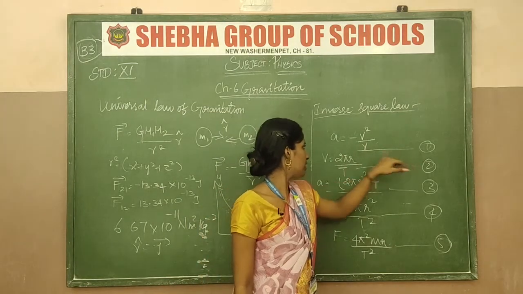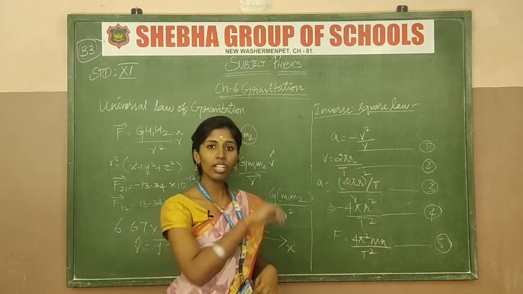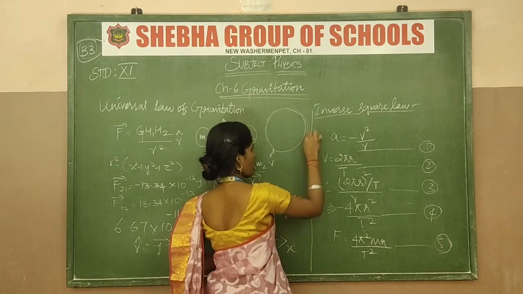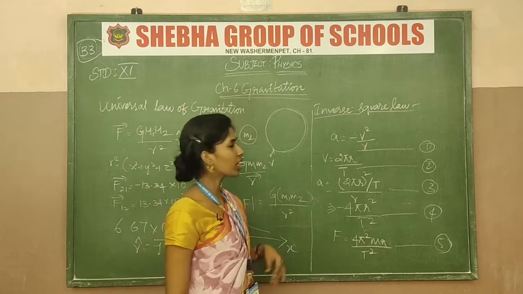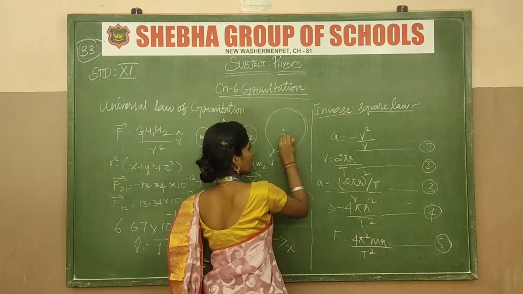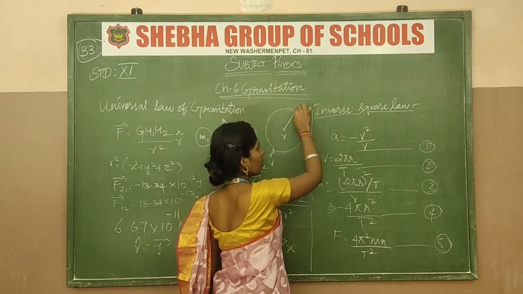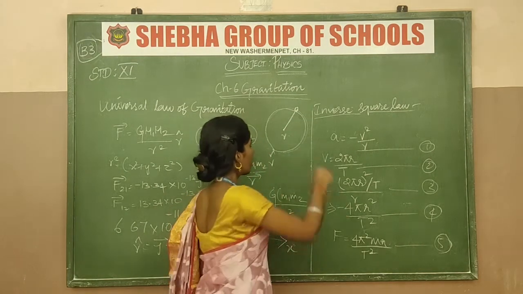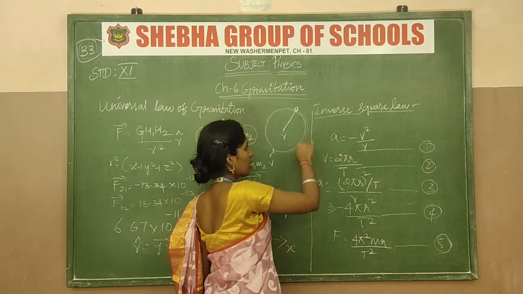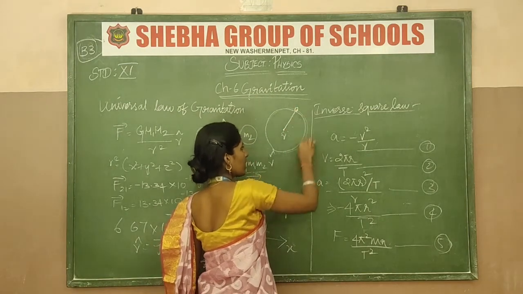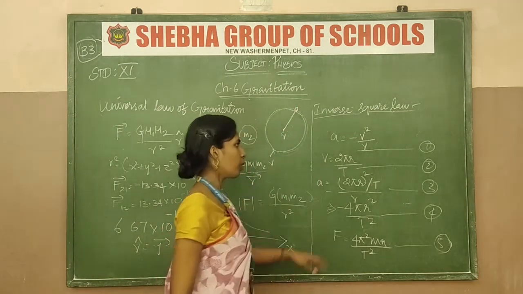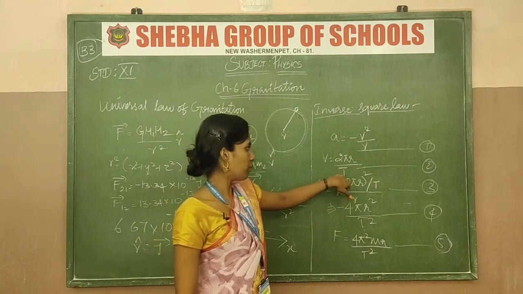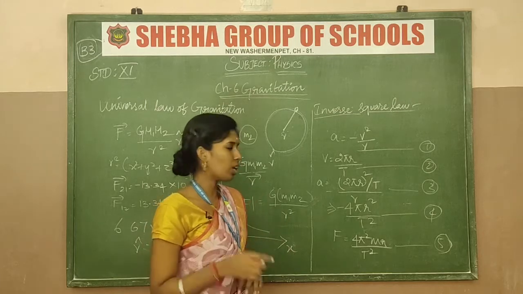So first, v is the circumference of the circle divided by time. If we take a circle, one revolution, with center and radius r, the planet revolves around it. Considering the distance between the planet as r cap, we find the whole circumference, so v is 2πr divided by the time taken. Here t is the time taken for one revolution.